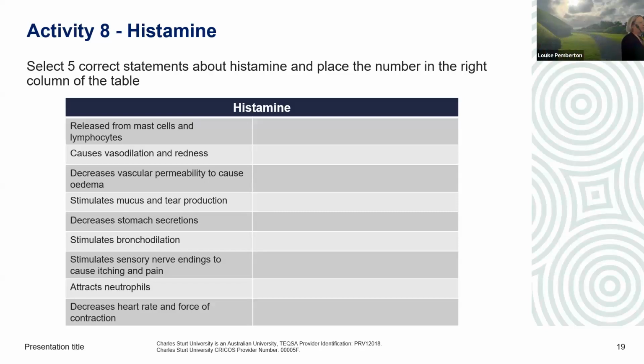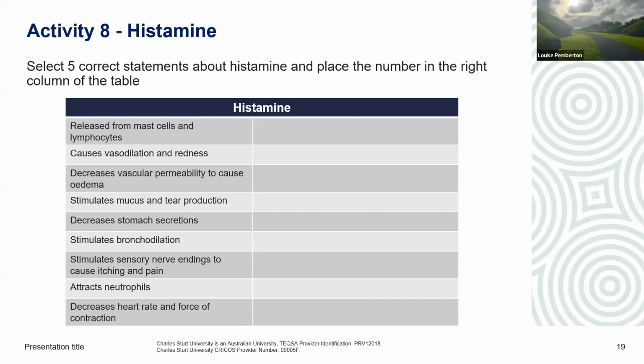Okay. We know what we're ticking. What about this first one? Is histamine released from mast cells and lymphocytes? No, it is released from mast cells, but not lymphocytes. Mast cells and basophils. Does it cause vasodilation and redness? Yes. Does it decrease vascular permeability to cause edema?